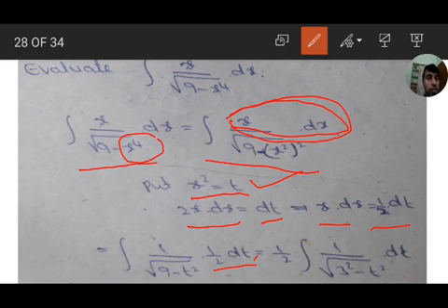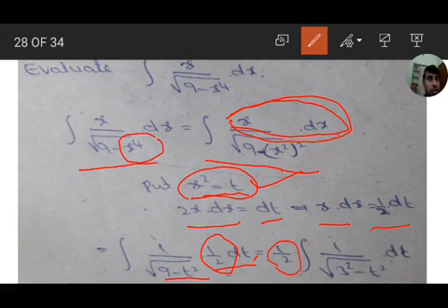So substitute these values. Integration of x dx equal to 1 by 2 dt, over square root of 9 minus (x square) whole square. x square means t, so 9 minus t square, and 1 by 2 is outside. 9 can be written as 3 square, so we get 1 by 2 into integration 1 by square root of 3 square minus t square dt.